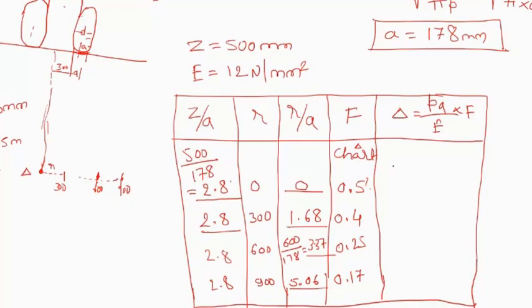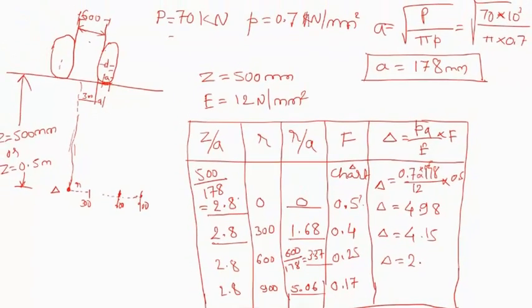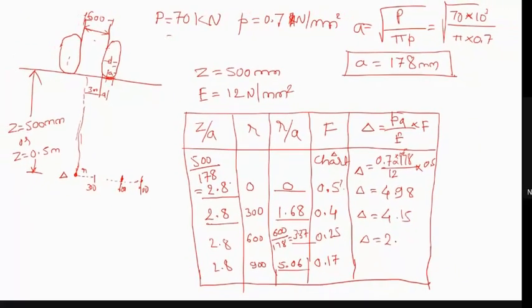Now put the values. Delta is equal to P, how much? A is 178, E value 12, into F. F is 0.5. How much are you getting? This is not kilonewton, it's just Newton. 1.77.